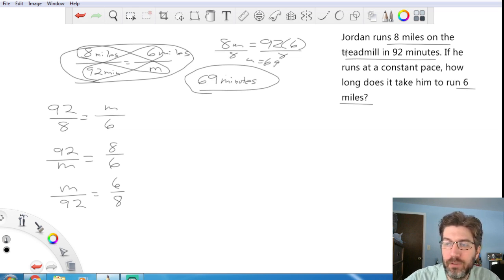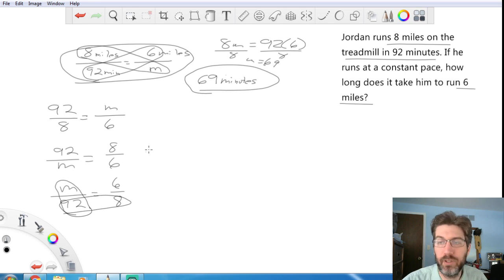Why could it be m over 92 and 6 over 8? Did I do that one right? Yeah, as long as things match up. You can see that 92 and 8 match up because they're from the same ratio. 92 and m match up because they're both minutes.